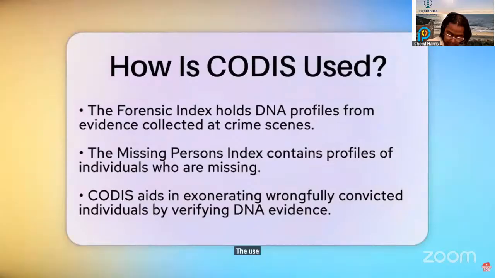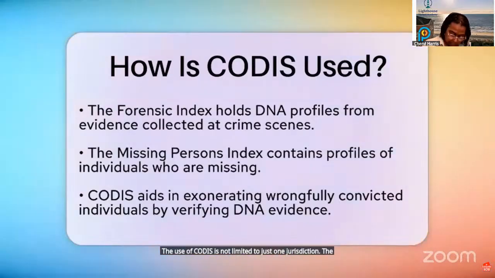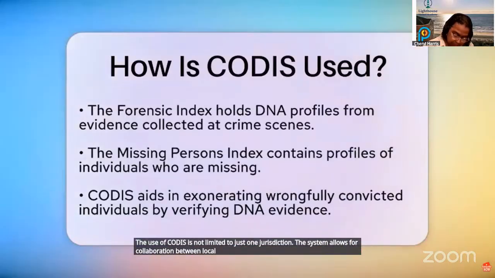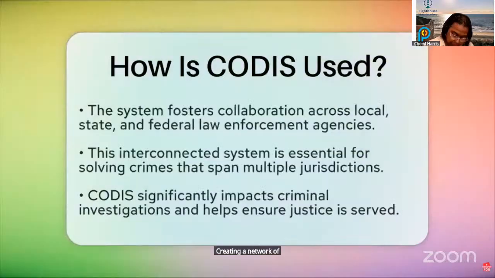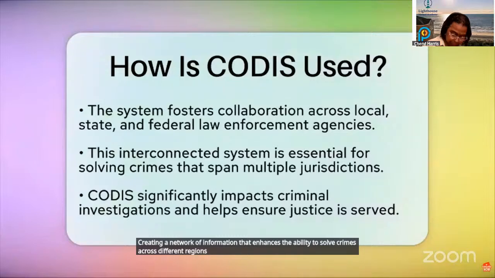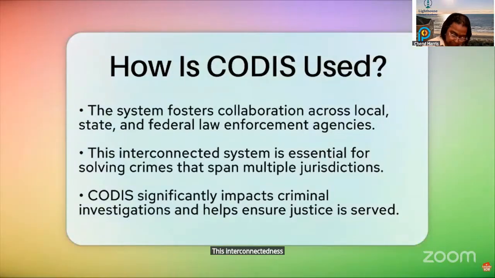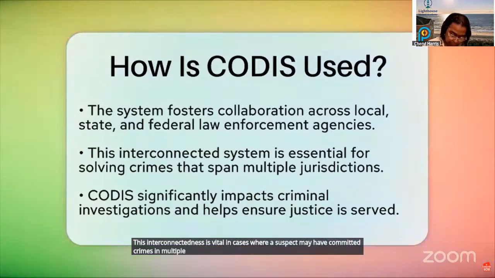The use of CODIS is not limited to just one jurisdiction. The system allows for collaboration between local, state, and federal agencies, creating a network of information that enhances the ability to solve crimes across different regions. This interconnectedness is vital in cases where a suspect may have committed crimes in multiple locations.